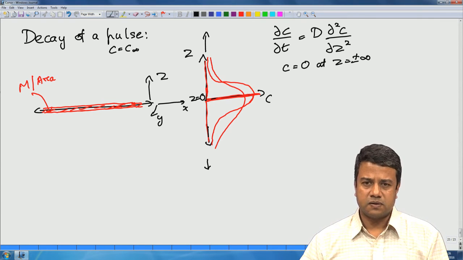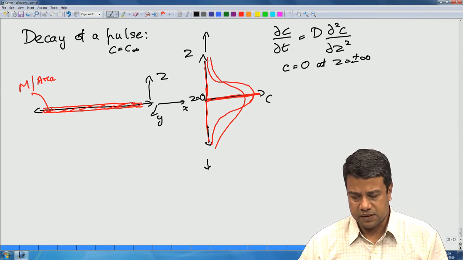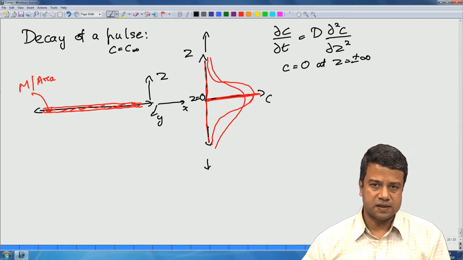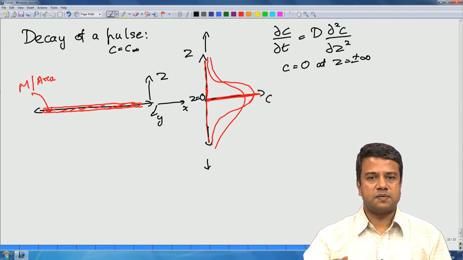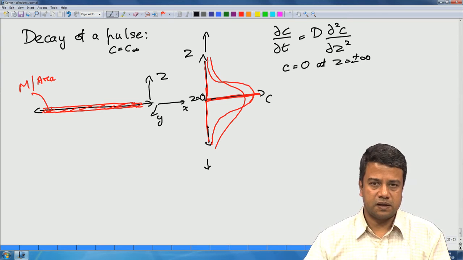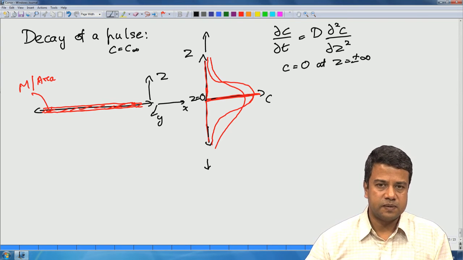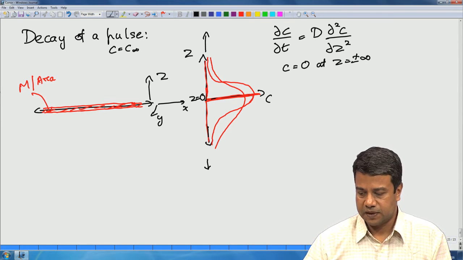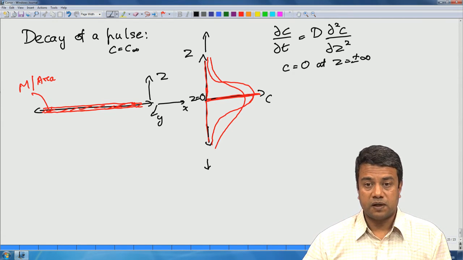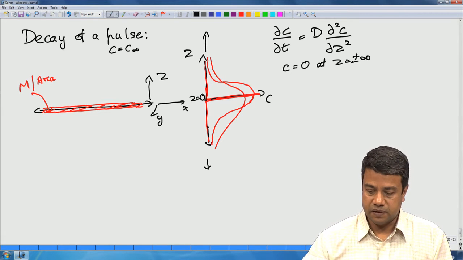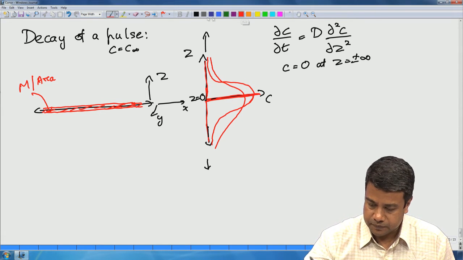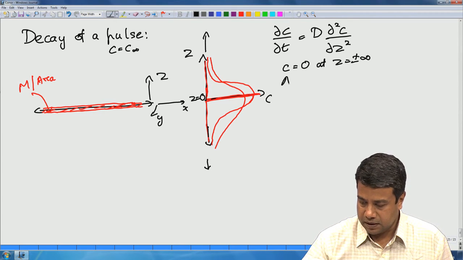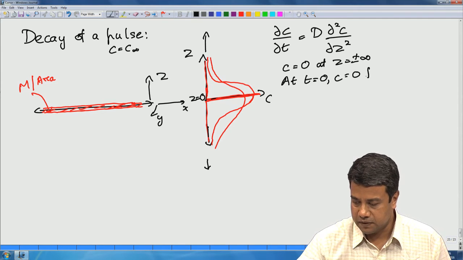In this particular case, due to symmetry, you also know that dC by dz has to be equal to 0 at z equal to 0, because the mass is being diffused symmetrically about z equal to 0. The slope has to be 0 at z equal to 0. We do not have a boundary condition at a fixed boundary. However, we know that at t equal to 0, C is equal to 0 for z not equal to 0.